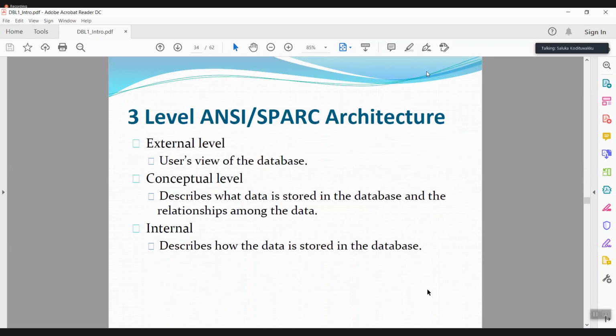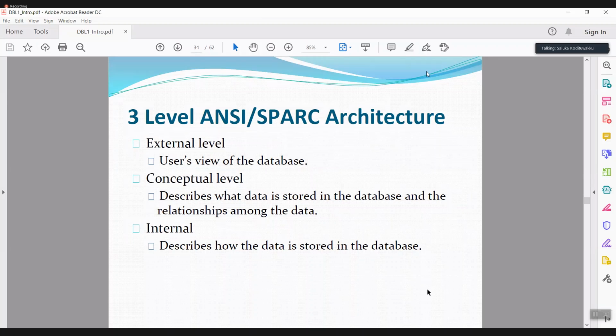That database logic defines what kind of data is to be stored and how those data relate to each other, because we define the database as a stored collection of coherent data representing a particular mini world. Therefore, that representation of the mini world concerned is what we call the database logic. That database logic is at the conceptual level.